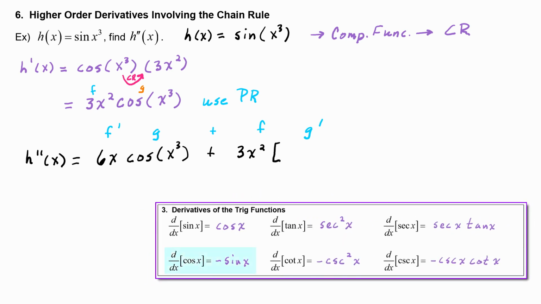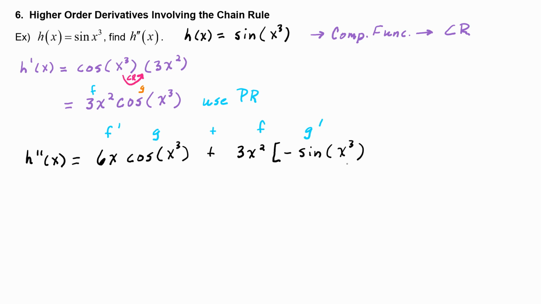So the derivative of cosine of some stuff is negative sine of the stuff. And then chain rule tells us to take it times the derivative of the stuff, which would be 3x squared. So this expression inside the brackets is all g prime, which is the derivative of cosine x cubed.